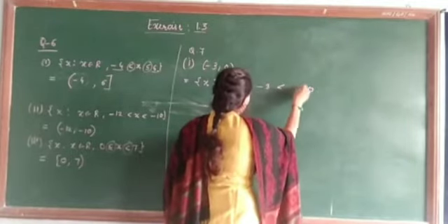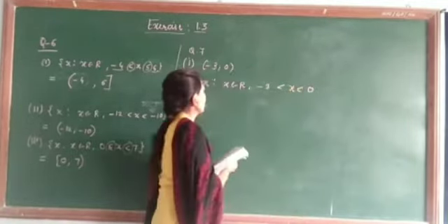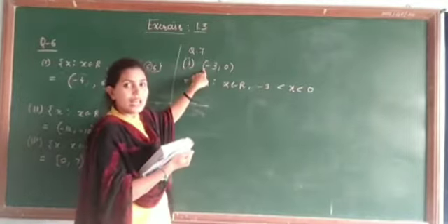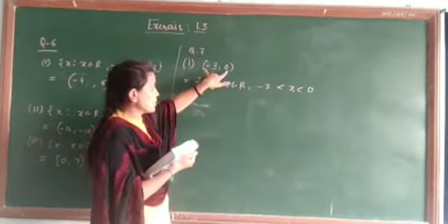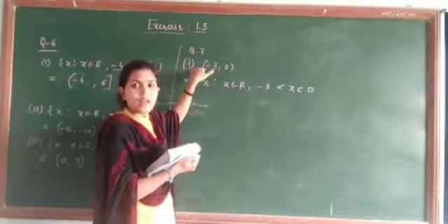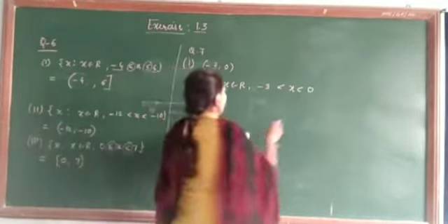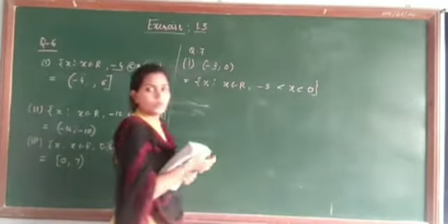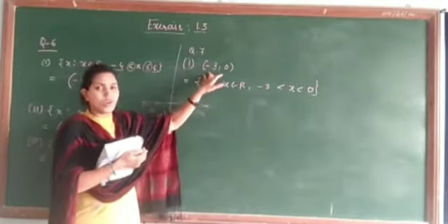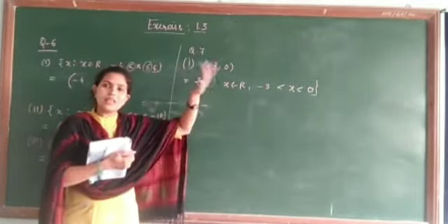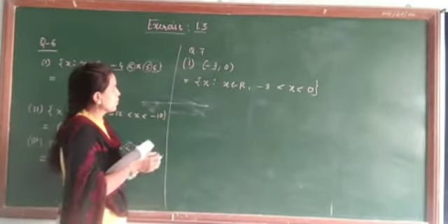So x will come between -3 and 0, but now the symbol less than will come, because it depends upon the bracket. So how is the bracket here? Open, so only less than and the bracket is over. Understood, students? Only open, that means -3 less than x less than 0.